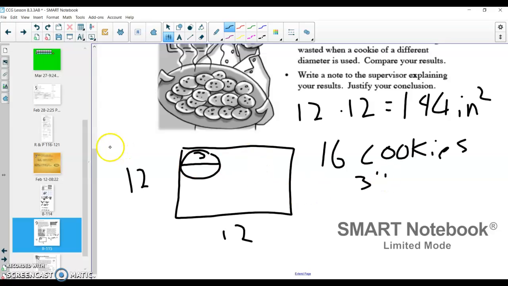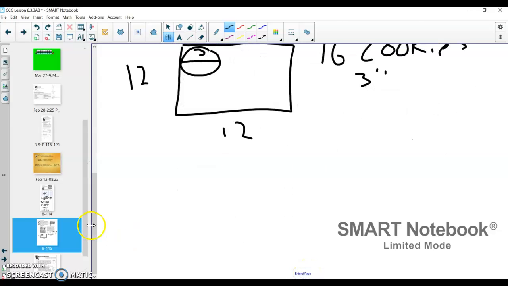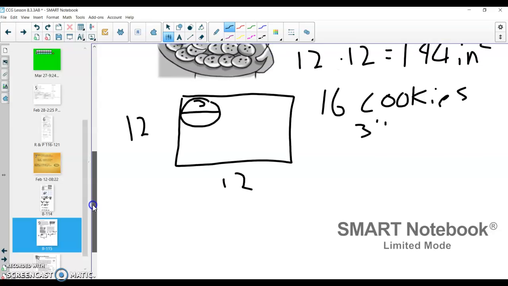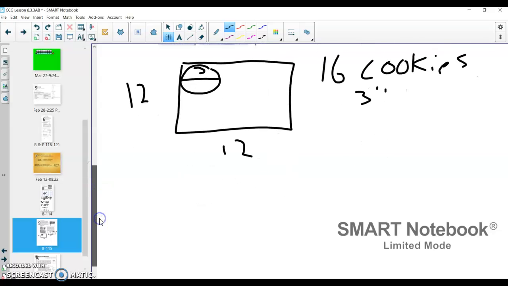Now what we can do is find the area of one cookie, multiply it by 16, and that's the area of all my cookies. We could subtract that out of the total 144 and see how much waste is left. Now I have to find the area of that one cookie. Area equals pi times the radius squared.